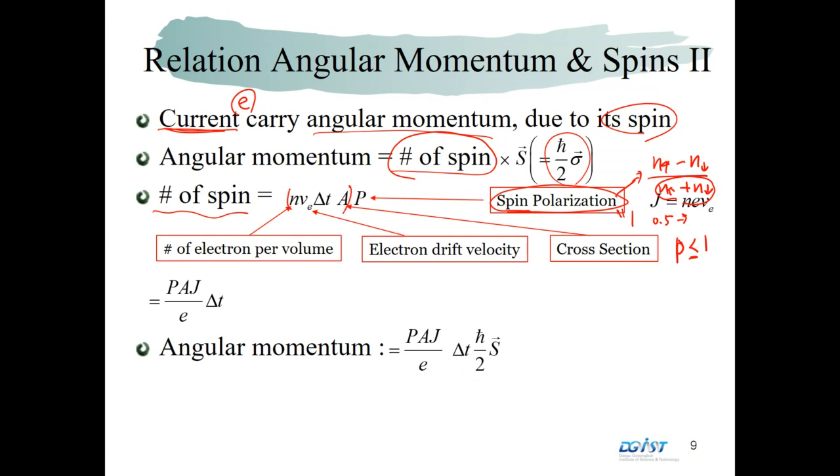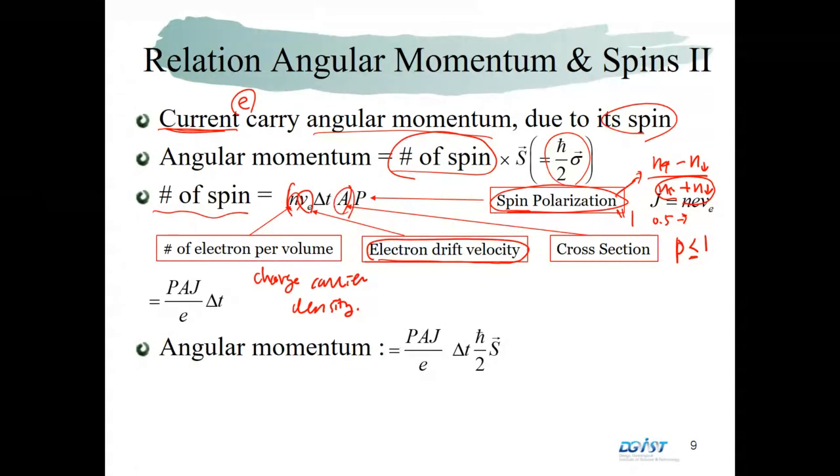So then what's the total number of electrons, this part? Okay, let's introduce the number of electrons per volume, small n. That's the charge carrier density. And v_e is the electron drift velocity.